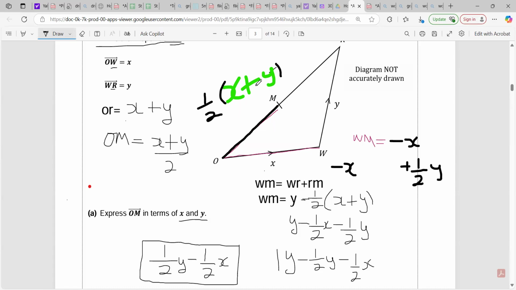A half times x will give us half x. All right, cool. Let's add this now. What's negative x plus half x? That would be minus half x, right? Because the one is bigger. Hope everybody can see, the one is bigger, so it would be minus half x, and then plus half y.